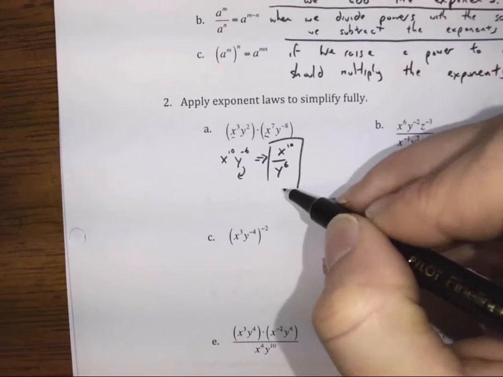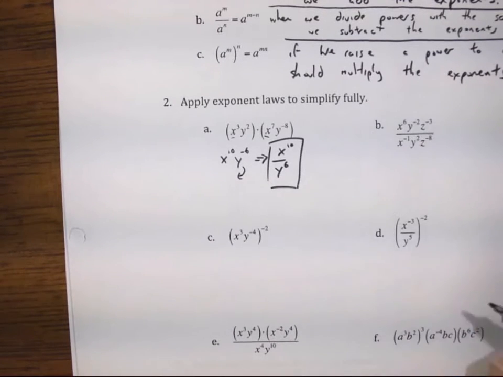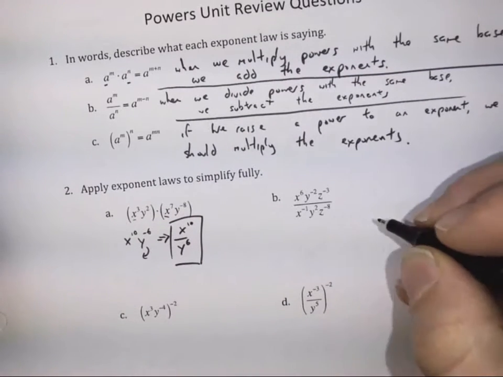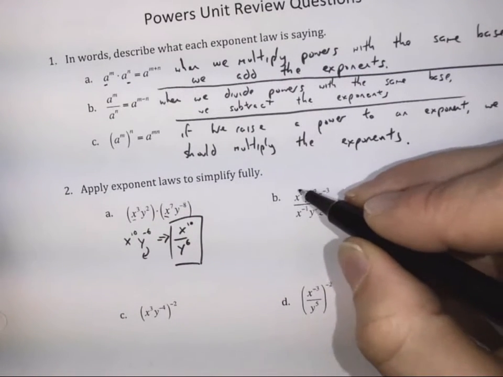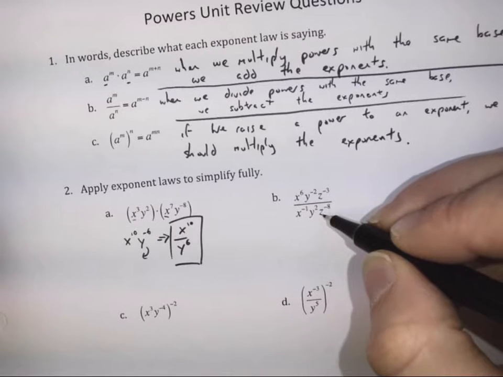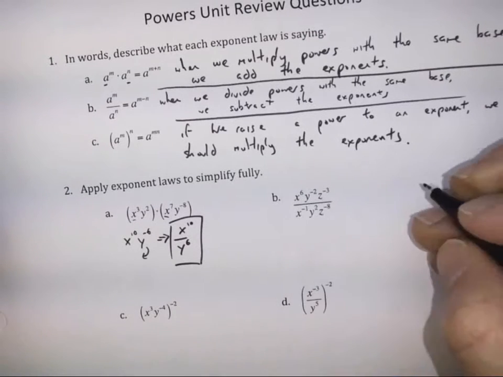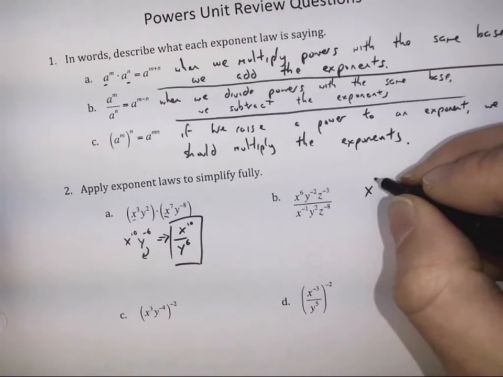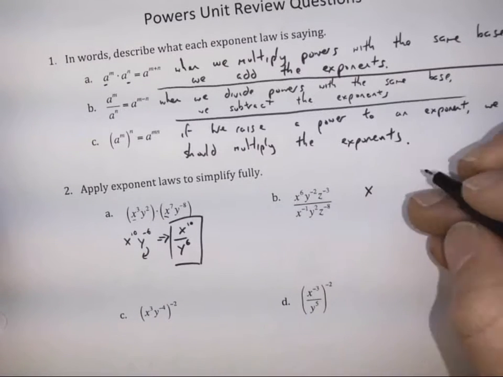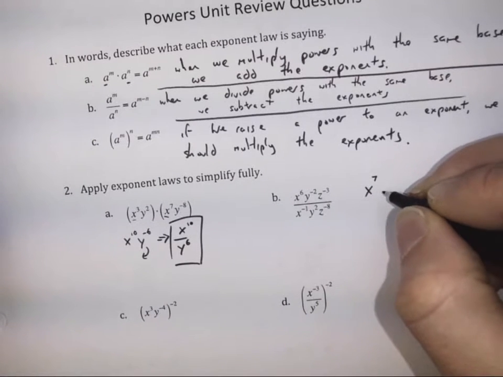And that's my answer. I'll try and write a little bigger so that it's a little more obvious what those numbers are. All right. With a question like this, I need all of my powers with the same base to communicate. So I'm going to have 6 x to the power of 6 take away negative 1, which is going to be 6x to the power of 7.